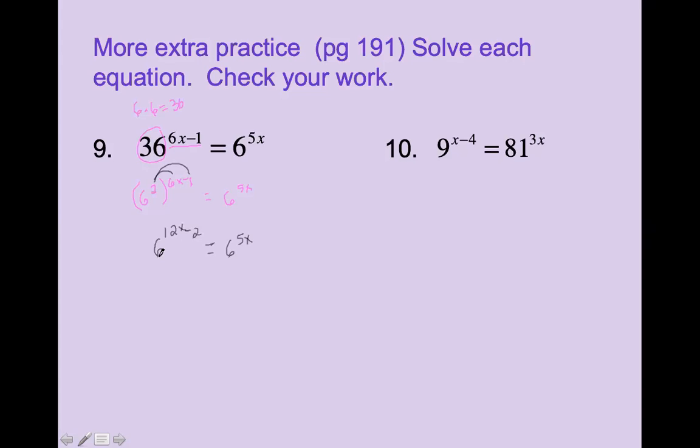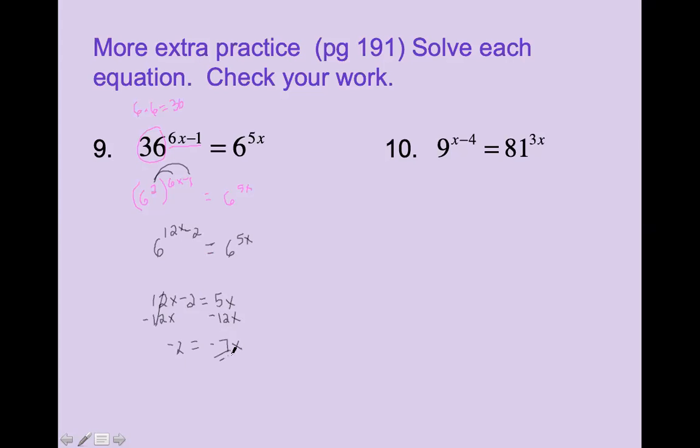All right, now I have the same base. I can set these exponents equal to each other. So I write down 12x minus 2 equals 5x. I'm going to solve for x. I'm going to subtract 12x from both sides. And I get -2 is equal to 5 minus 12 is -7.